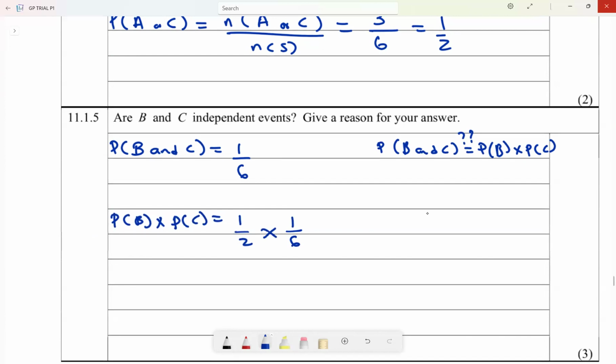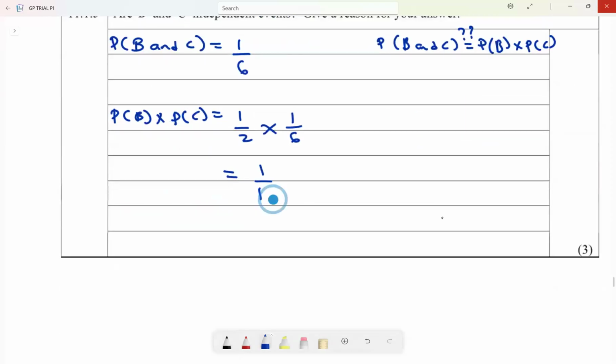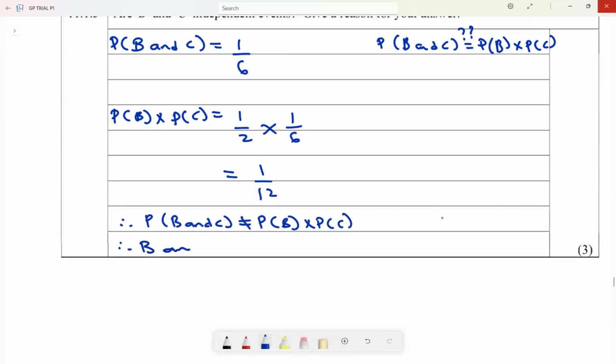So automatically I can see these events are not equal. This results in 1 divided by 12. Therefore, the probability of B and C is not equal to the probability of B multiplied by the probability of C. Therefore, B and C are not independent.